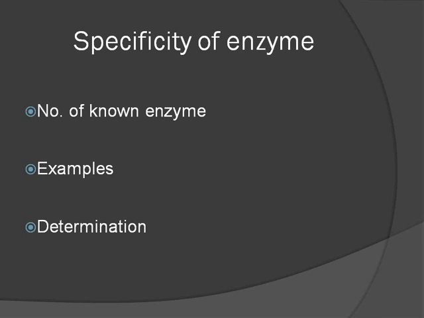The enzyme which works on starch is amylase, and the lipase enzyme works on lipids and digests them into fatty acids and glycerol. These are the examples of enzyme specificity. Then we have how we determine enzyme specificity.